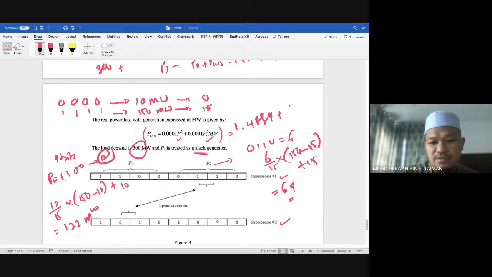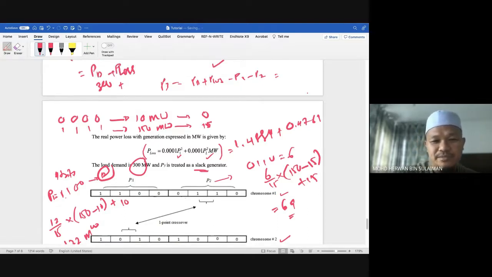So you get 0.4761. Adding that to 1.4884, you get your loss is 1.9645.